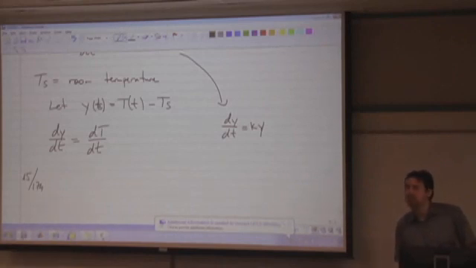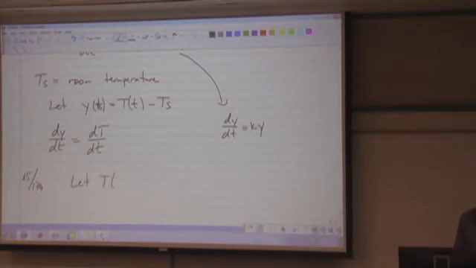Its temperature is 5 degrees Celsius, right? How is that going to be related in terms of capital T? So again, let capital T of t be the temperature of the, let's call it beer, at time t.